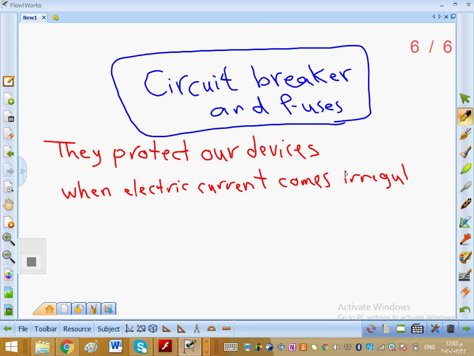So when electric current comes irregularly, they open the circuit.